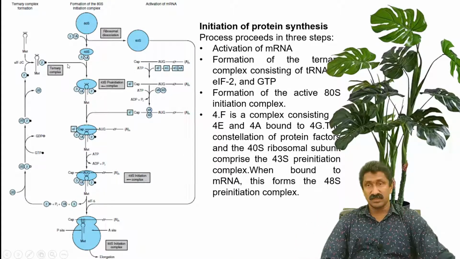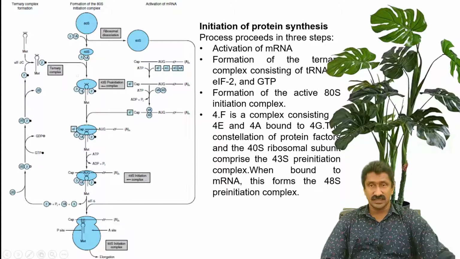So here you can see this is the methionine tRNA. The charged tRNA is there, with methionine bound to it, and here we have the 40S subunit, which is bound with some of the initiation factors, and methionine tRNA will also bind.